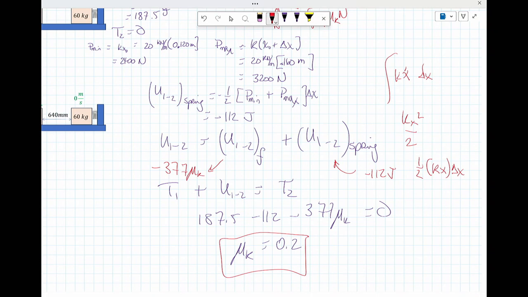Which is 1/2 k delta x, because it's opposing the motion. So the motion is in this direction, the force is in this direction. Go ahead. You will integrate kx to get the work done by the spring, right? I integrate kx to get the work done by the spring, so it's kx force times delta x.